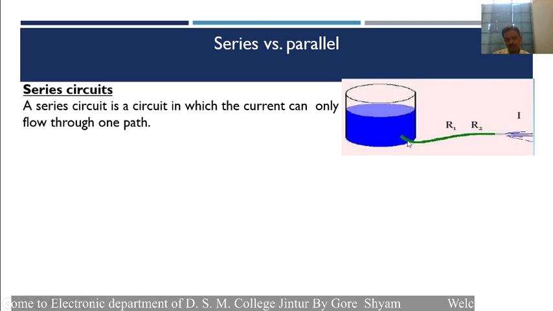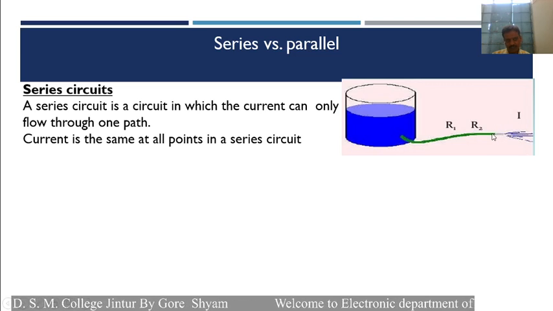Therefore any current flowing through the circuit is the same, because it can flow through only one path, and this is the current I. The current is the same at all points in the circuit.